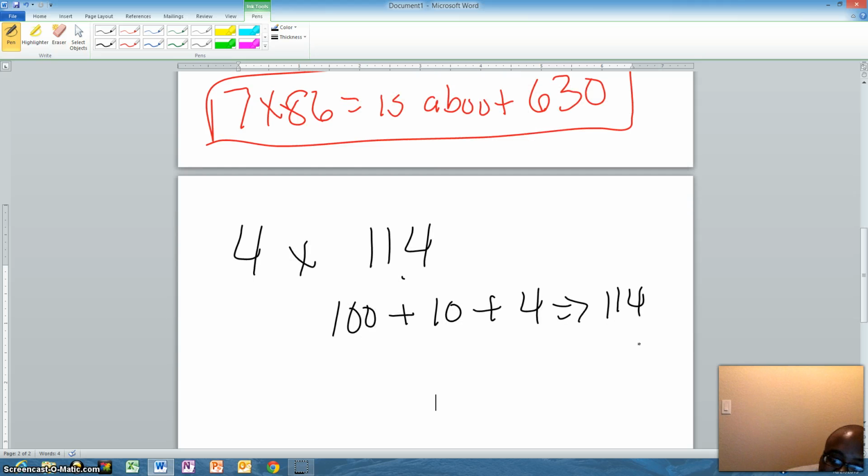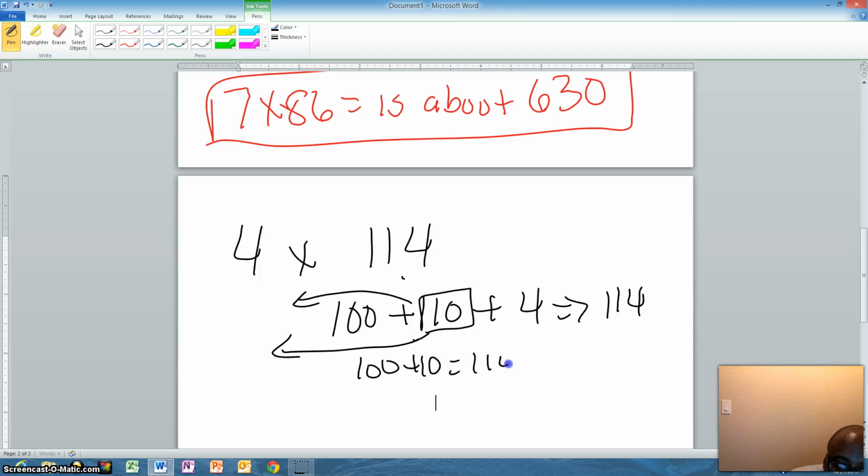Alright, now let's box our 10. Since we have a 3-digit number and we're rounding to the lowest place value we can, which is the tens place, you remember we take the 10, we put it in the tunnel with the 100 and add those two together. So 100 plus 10 is 110.